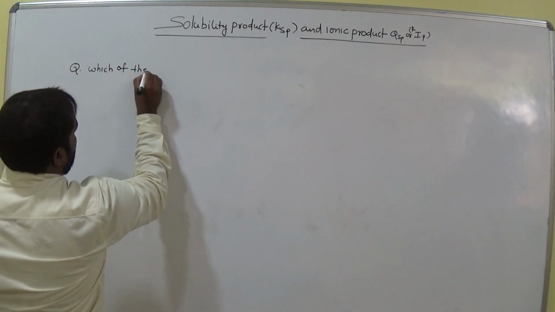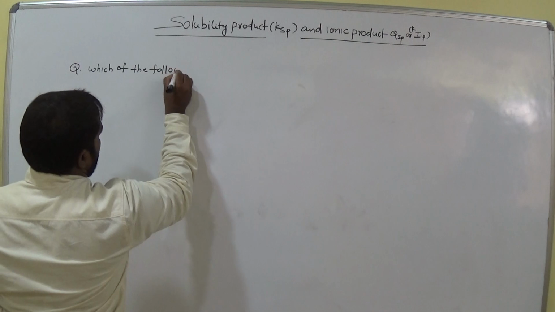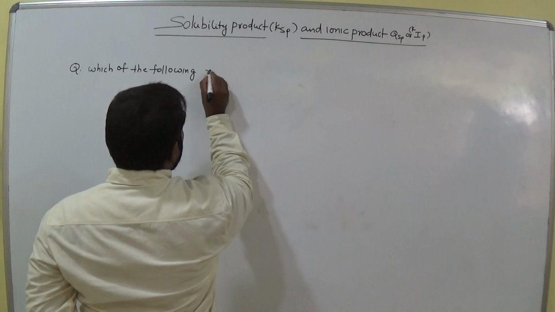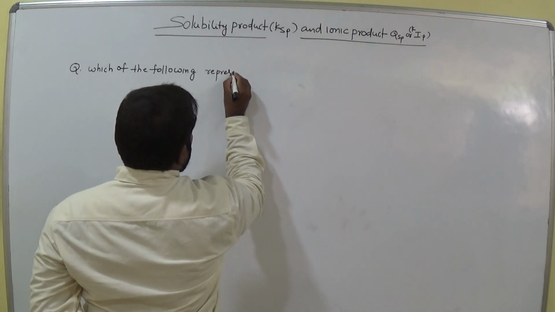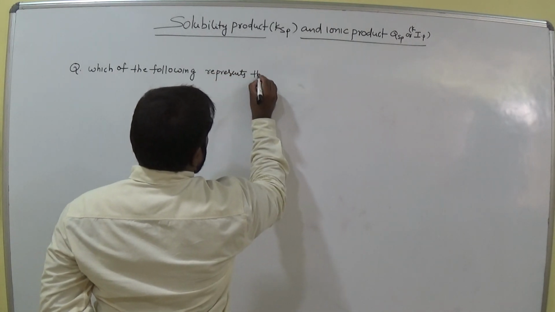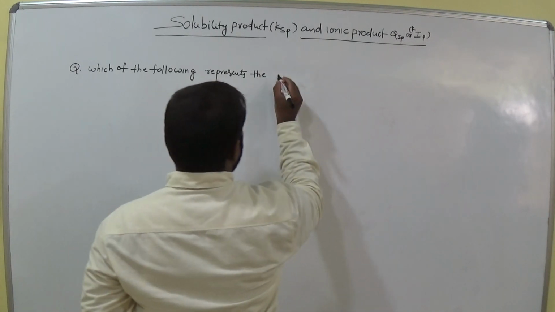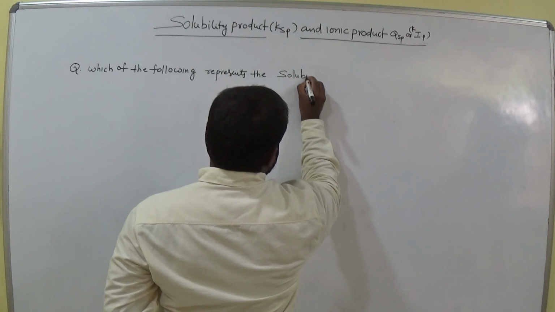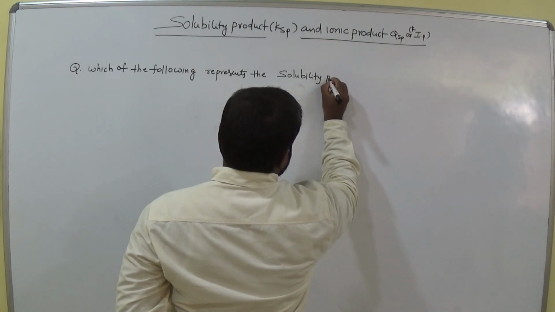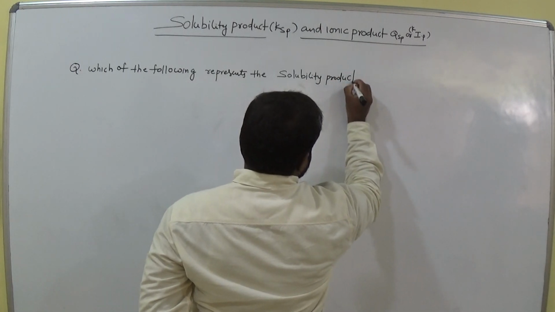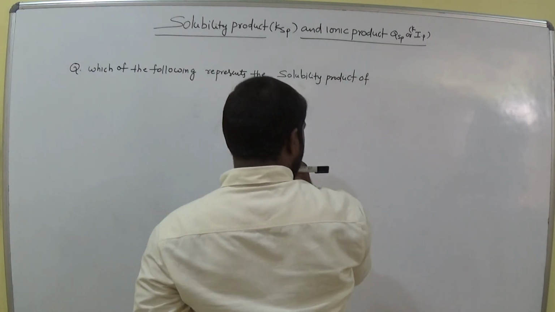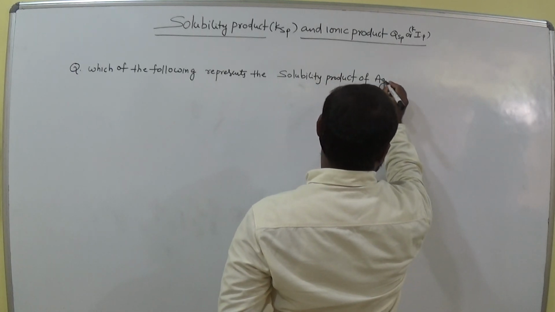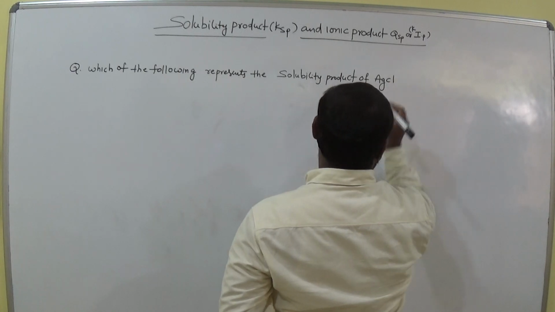Which of the following represents the solubility product of AgCl?